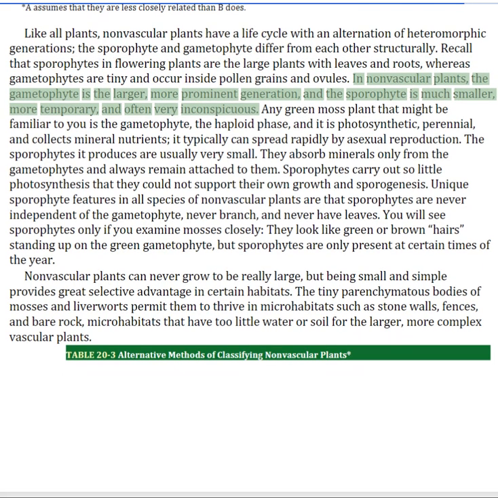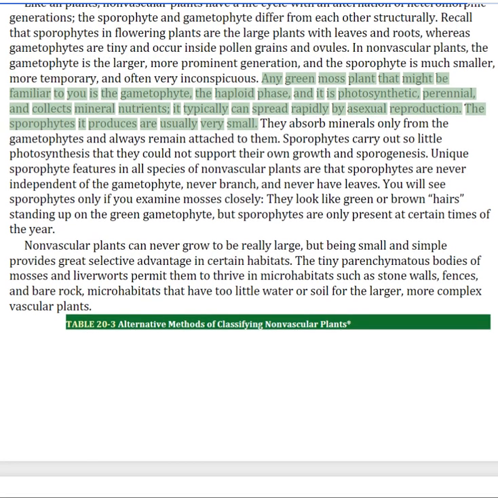In non-vascular plants, the gametophyte is the larger, more prominent generation, and the sporophyte is much smaller, more temporary, and often very inconspicuous. Any green moss plant that might be familiar to you is the gametophyte, the haploid phase, and it is photosynthetic, perennial, and collects mineral nutrients. It typically can spread rapidly by asexual reproduction.